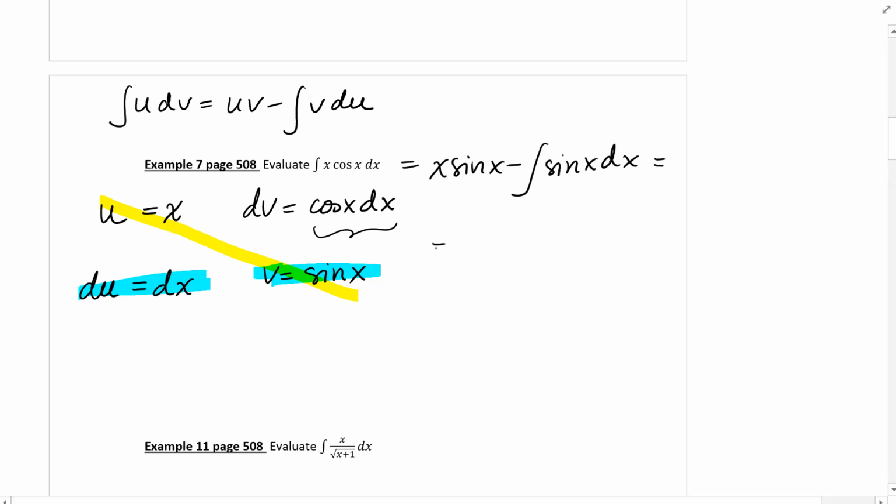So no problem, x sine of x I copy it, and then the integral of sine of x is negative cosine of x, so plus cosine of x. It's an indefinite integral, so it's plus c.